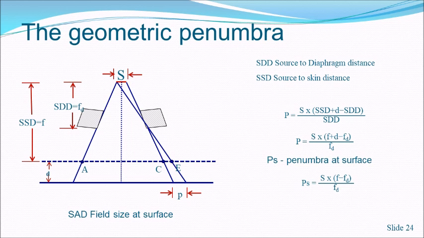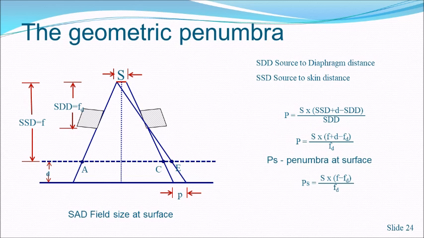I can rewrite this equation as penumbra is equal to source size into F plus D, that is the total depth, minus SDD, which is FD, divided by FD. Penumbra at the surface, C, is simpler because you don't need to include this D. So the equation now reduces to source size into SSD minus SDD, F minus FD, divided by SDD, which is FD. Right? So you can get the penumbra using this equation.